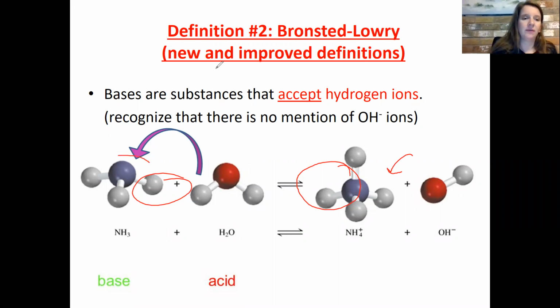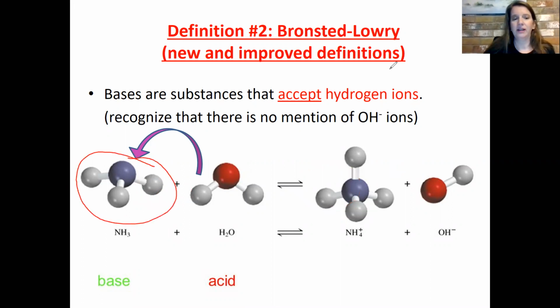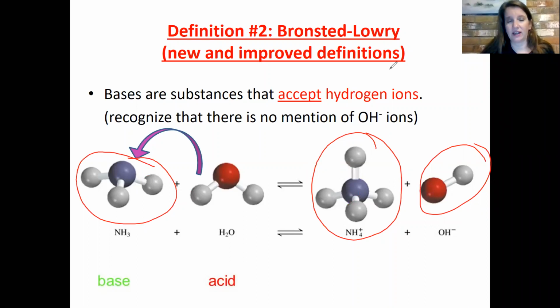So here you've got NH3, all right? That's going to be a base. It's going to accept a hydrogen from the water. When it does, you can see that it ends up having 4 hydrogens over on this side. And because it took a hydrogen from the water, you end up with that OH hydroxide ion being produced in the solution.